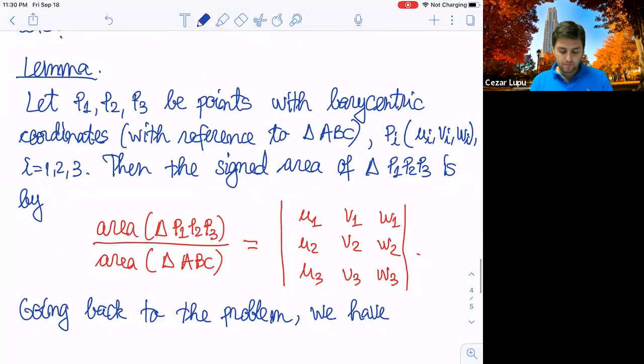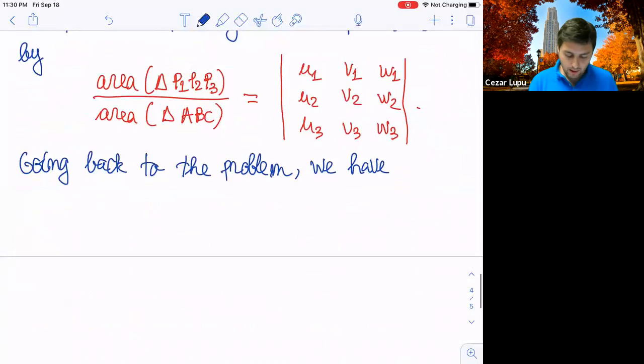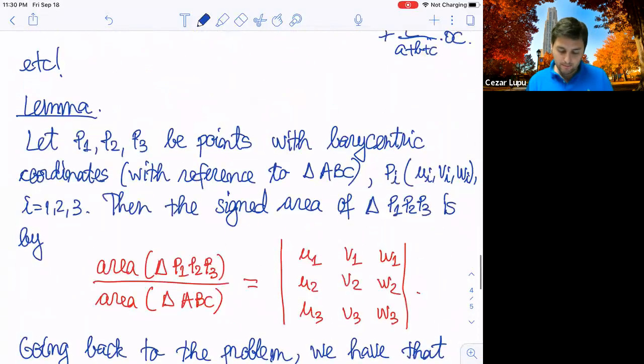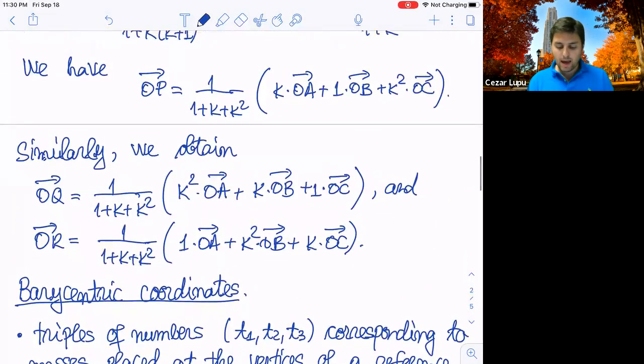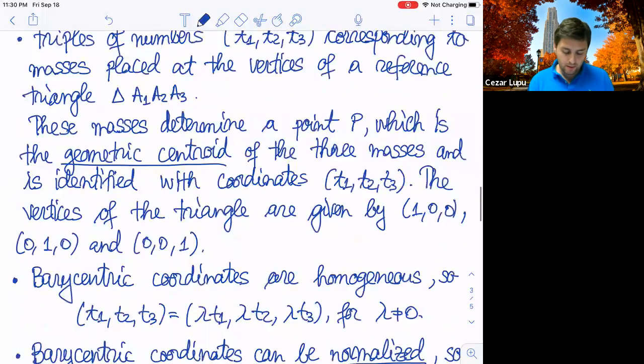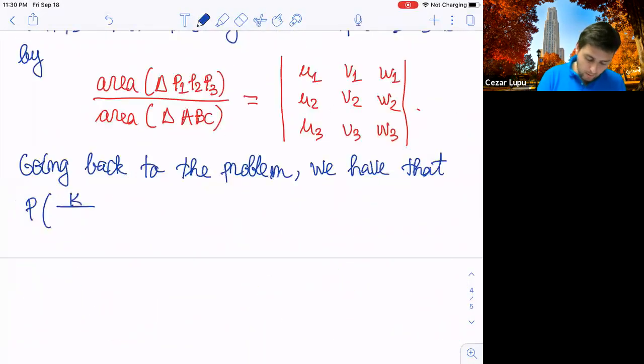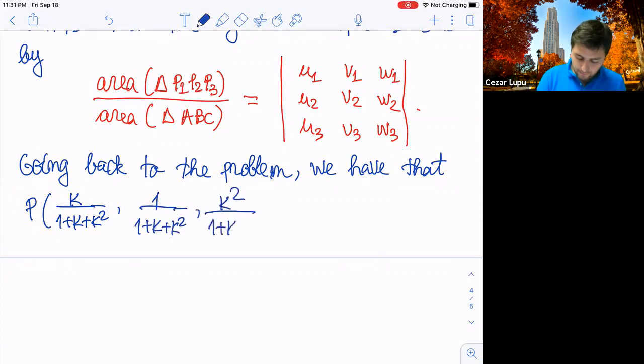The barycentric coordinates of P are, let's look again, 1, K, and K squared, and so on.